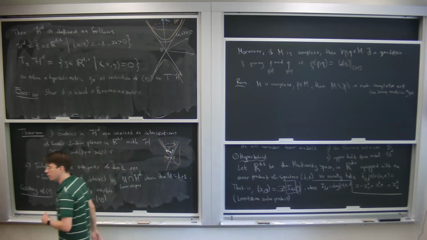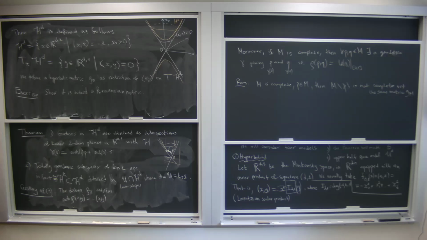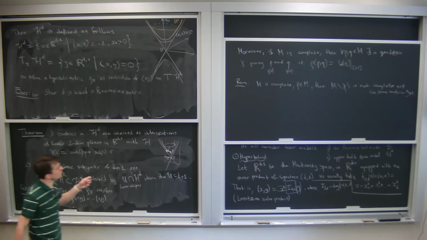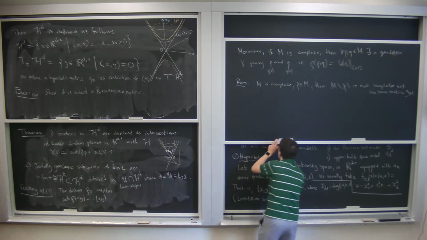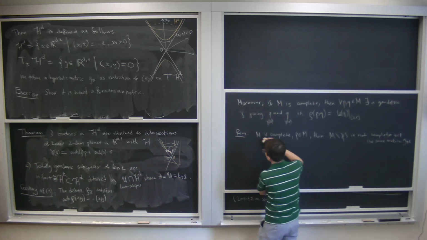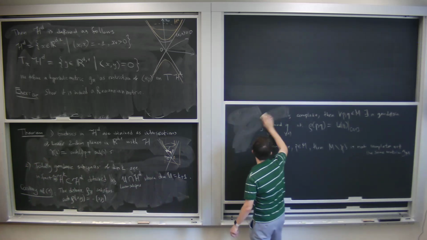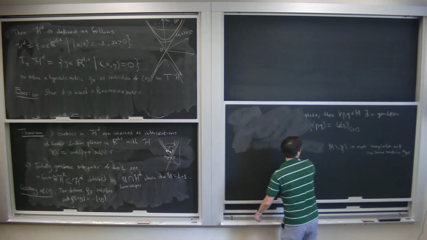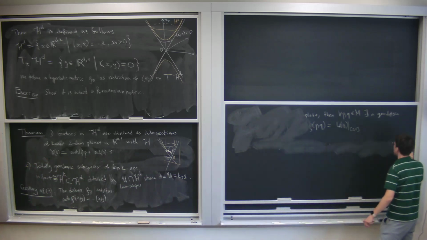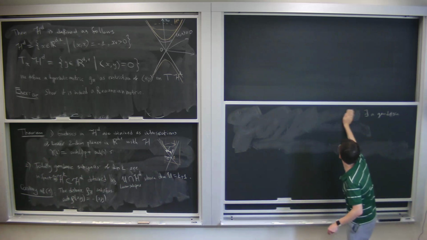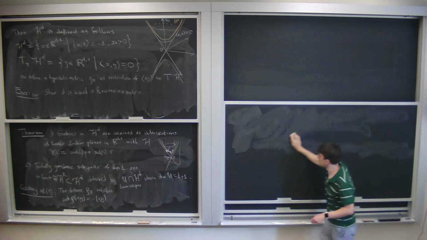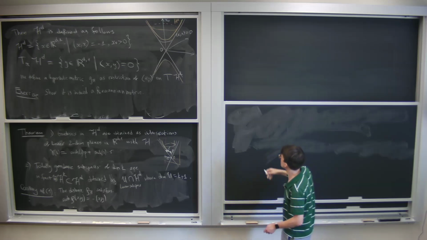Okay, so what is the hint to the proof of this theorem? And the hint is the following. One can consider reflections in hyperplanes. I will just erase here. This proof requires some isometries.